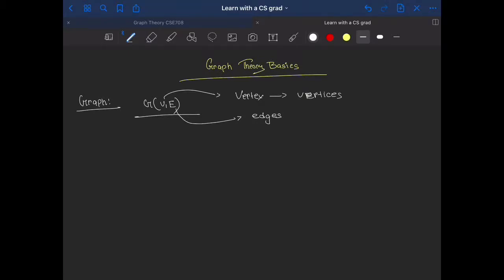Vertices are the entities inside of that graph, and edges represent the relationship between these vertices.